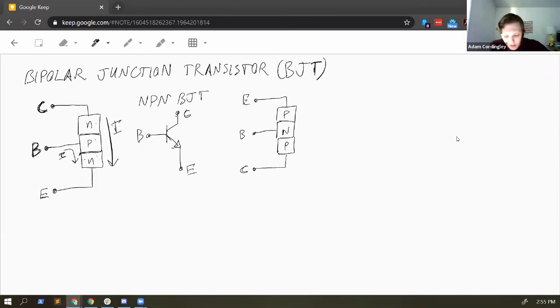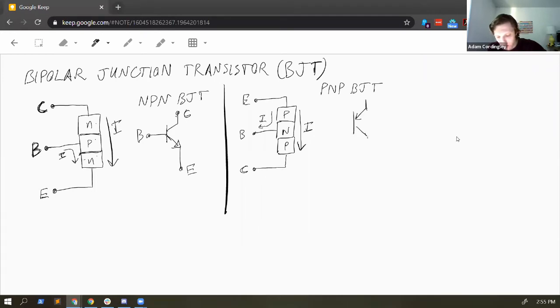And suppose we want to pass a small current through this PN junction. It will permit a large current through this direction. And so this gives us the PNP BJT, which we draw like this.